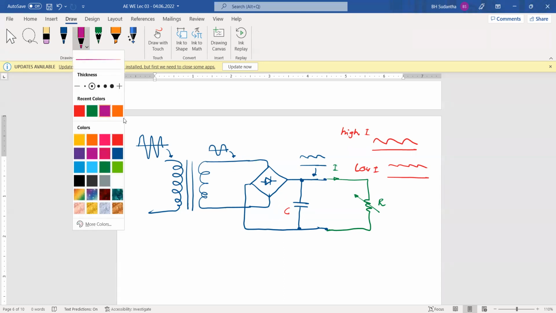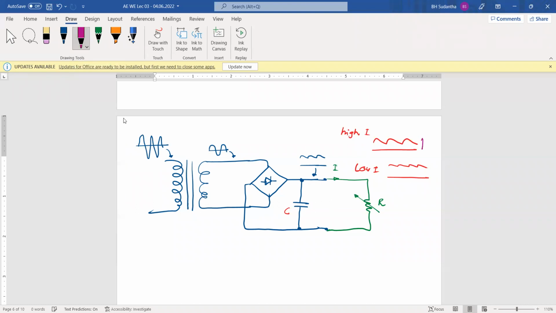Okay, then if you take the average voltage here, when you consider the average voltage, this V average 1 and V average 2, when we compare this one, V average 1 will be high when you compare to V average 2.